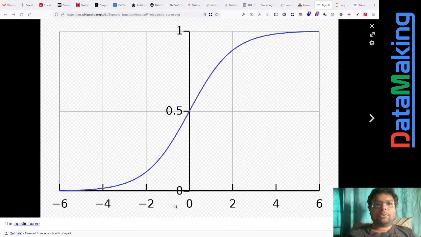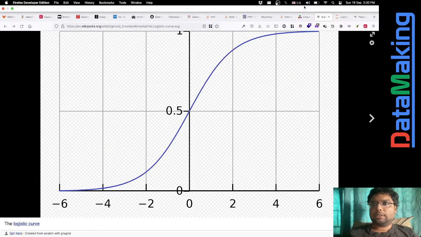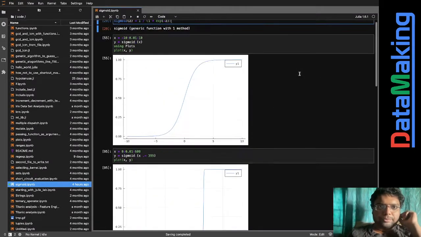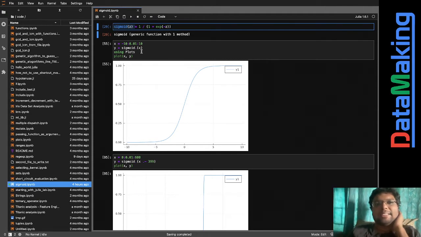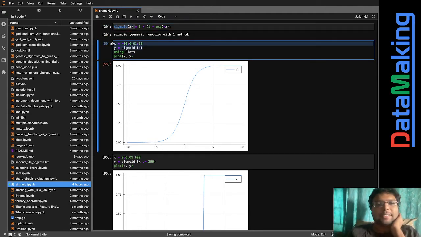So how are we doing it? Let's look at our Jupyter notebook. First, I have defined a function called sigmoid of z. I'm using z because I want to keep x and y for graphs. So sigmoid of z is equal to 1 by 1 plus e power minus z. Here exp means exponent, that is e power.